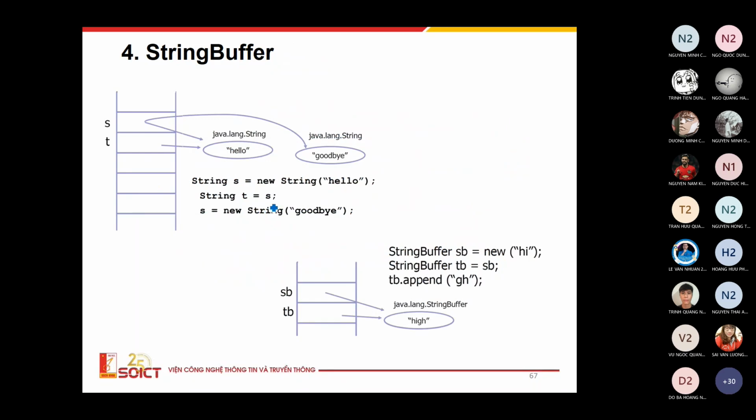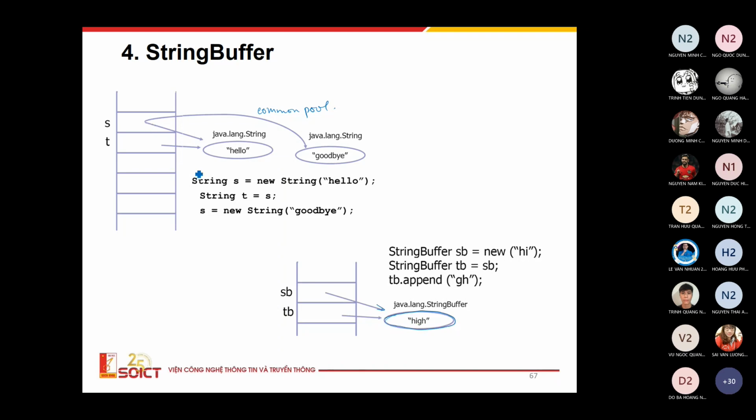So this is the illustration of the difference between String and StringBuffer. For the String, they refer to the common pool. And for the StringBuffer, they refer to just one memory region.